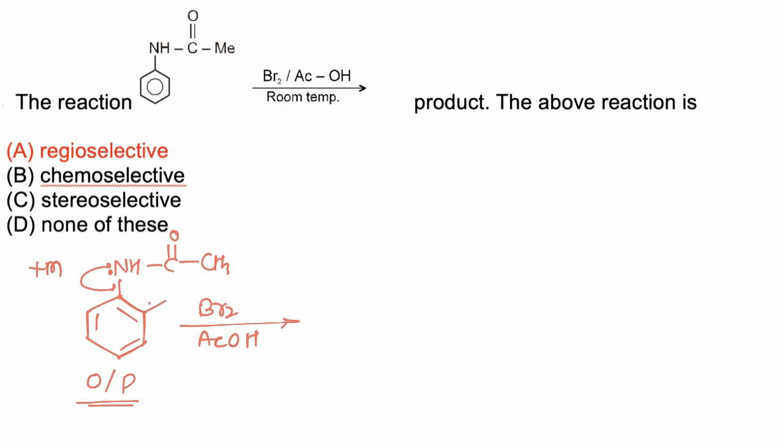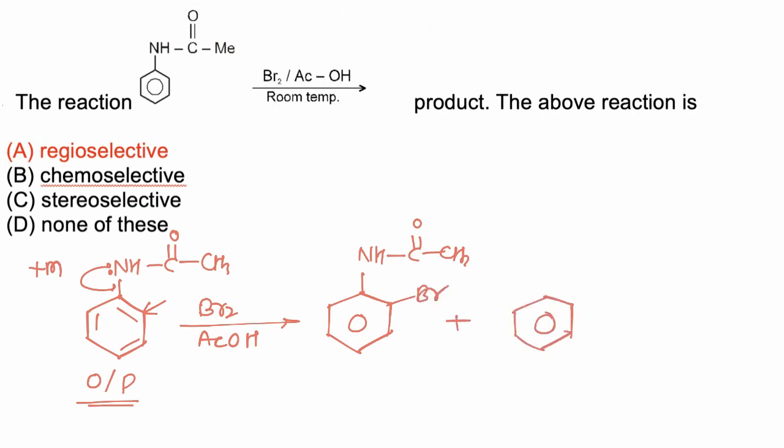The ortho position is comparatively crowded, so para will be the major product. Both products are formed, ortho and para, but due to crowding in the ortho position, ortho is formed in less amount, while the para product is comparatively major due to less crowding.